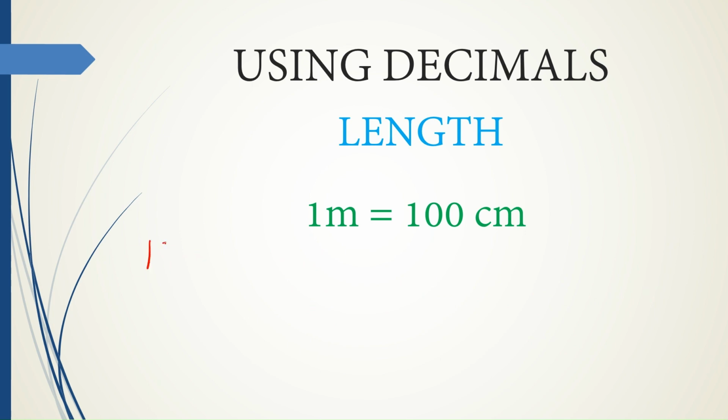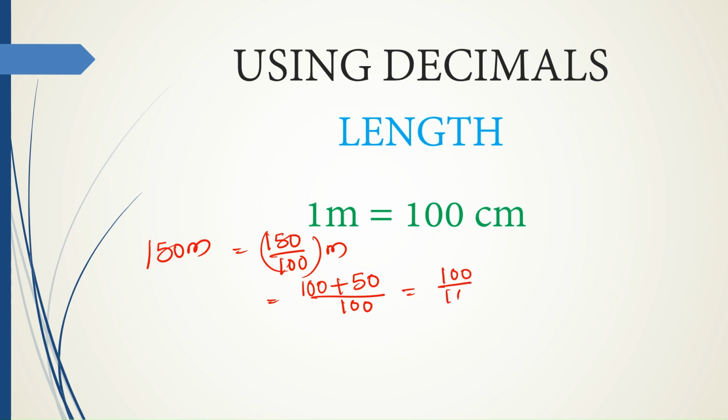Now say we have 150 centimeters. Which means 150 out of 100 parts of a meter. How to write this now? 150 is 100 plus 50 upon 100. The first one, 100 upon 100, plus 50 upon 100. 100 upon 100 is 1, plus 50 upon 100.